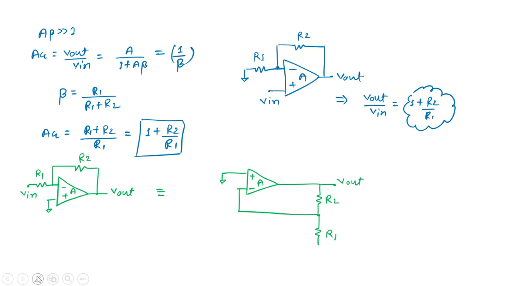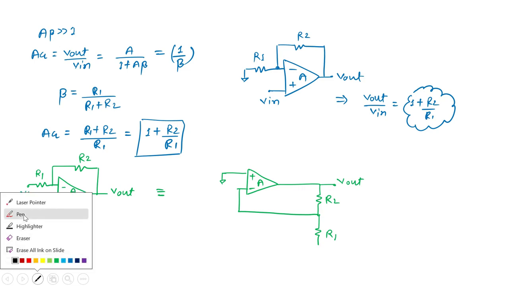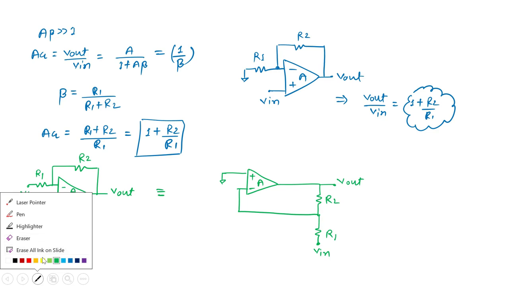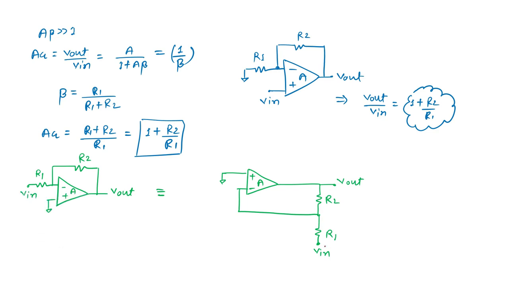This is the input. If we feed the input here, then the analysis will be different. Now we can go directly from input to output to find V out by V in, which is nothing but the closed loop gain.